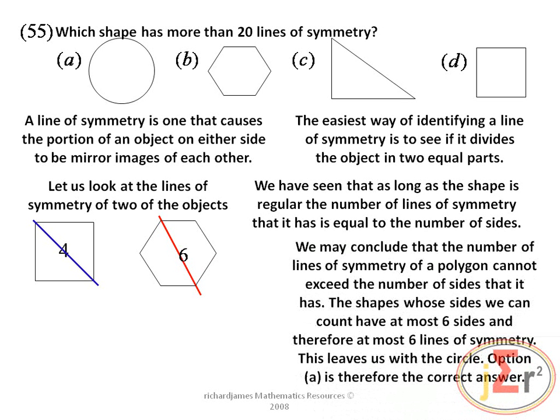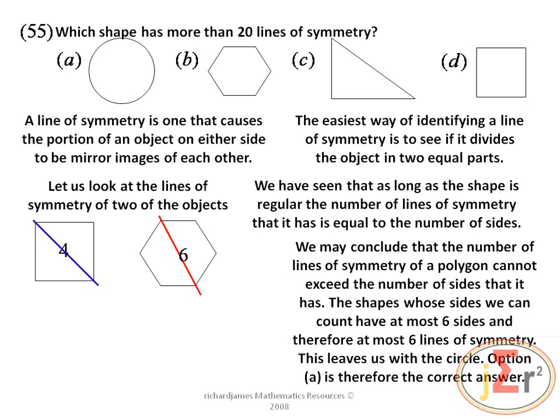Therefore, if we have a regular pentagon, it will have 5 lines of symmetry. And if we have a regular decagon, it will have 10 lines of symmetry. We may conclude that the number of lines of symmetry of a polygon cannot exceed the number of sides that it has.